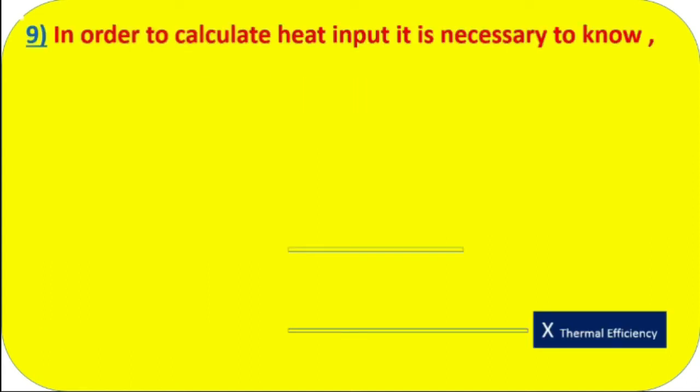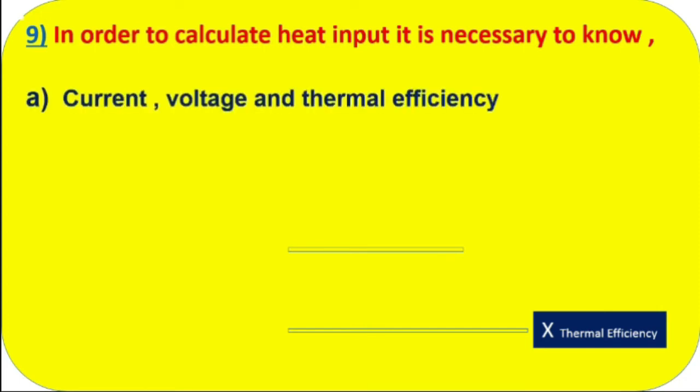Question number 9. In order to calculate heat input, it is necessary to know. So they are asking the heat input formula, how you have to do it. Which things are the minimum requirement, then you can get the calculation. A: Current, voltage and thermal efficiency. Okay, you need current, voltage, thermal efficiency.